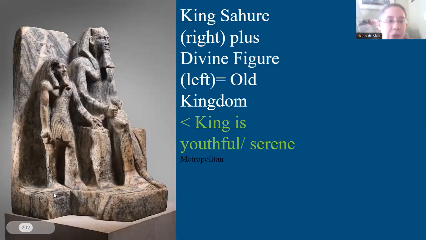This is from the Old Kingdom, an Old Kingdom ruler, King Sahura, and next to him is a divine figure. And so this is the ever youthful, ever majestic look that most of the Old Kingdom royal statuary has, particularly for the rulers.